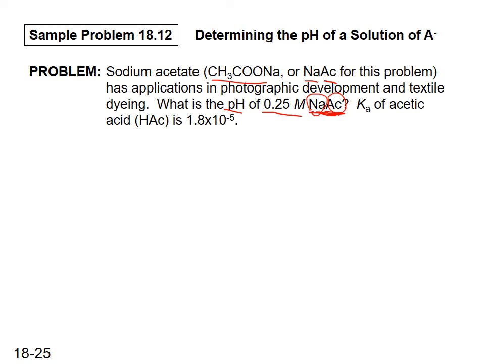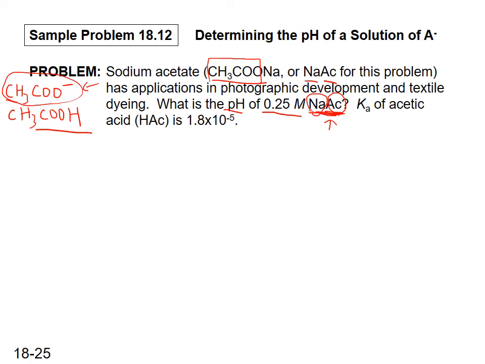If you look at the acetate, this is CH3COO negative. That's the acetate. This comes from CH3COOH, which is an organic acid. So the organic acid, a weak acid, forms the acetate anion. As we already learned, the anion can serve as a base. So this salt is a base, but it's a weak base.